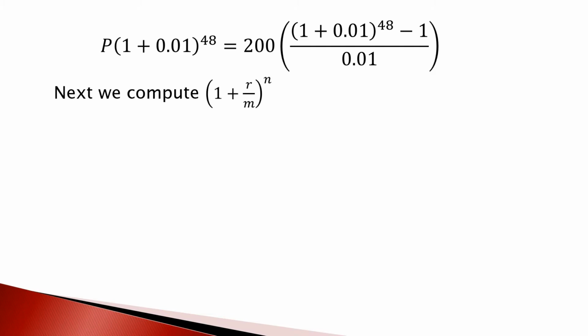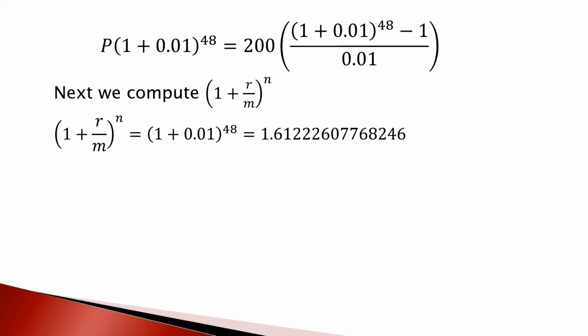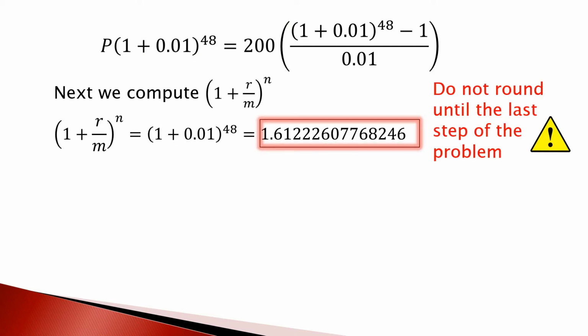We compute 1 plus r over m to the power n. R over m was computed in the previous step, so we just need to add 1 and raise the quantity to the 48th power. And we get 1.61222 and so on. Again, please do not round until the last step of the problem.